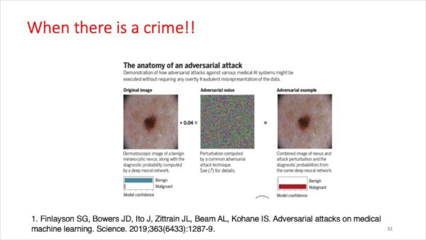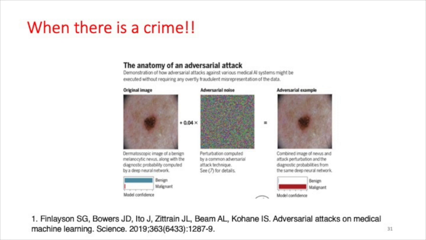Here it gives you an example. You can see there are two dermatoscopic images of a melanocytic nevus. The first one is the original image and this one is the processed image. Based on the human eye they are all similar.